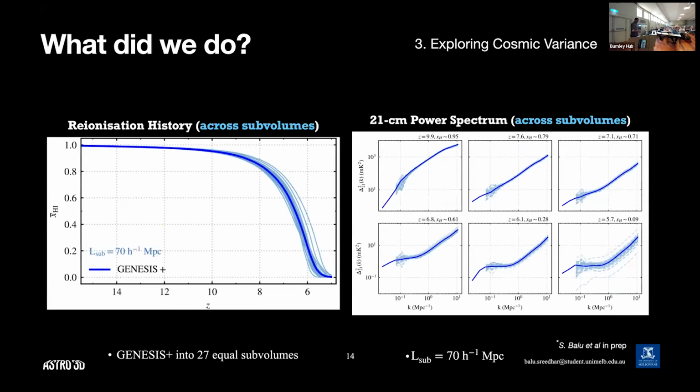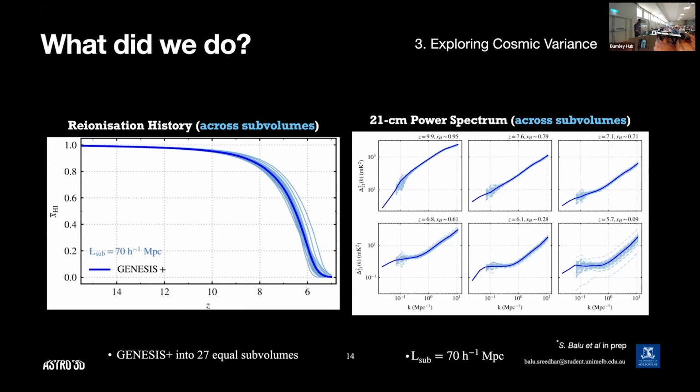Now, in the last part, we wanted to explore this cosmic variance effect. So what we did is we took the fiducial Genesis plus simulation and chopped it up into smaller subvolumes. If you look at your histogram in the fiducial Genesis plus as well as the subvolumes, you see a spread, which is something you expect, obviously.